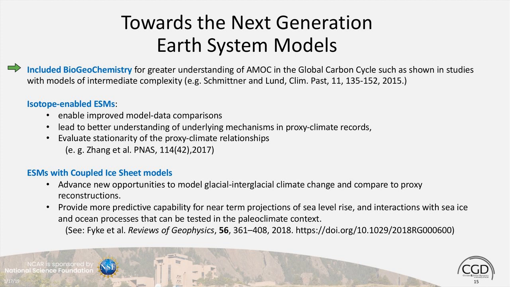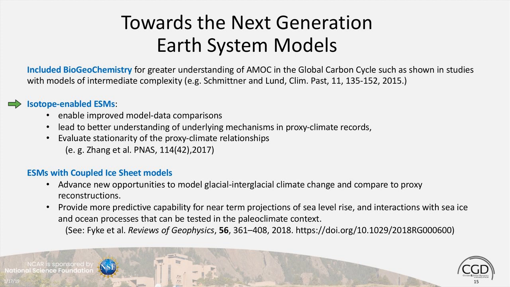First, just including biogeochemistry. This will give us a lot more understanding of AMOC and its role in the global carbon cycle, such as has been shown with models of intermediate complexity, like the study of Schmittner and Lund in 2015. And then we will be able to have more and more models enabled with isotope tracers of the water and carbon cycle.